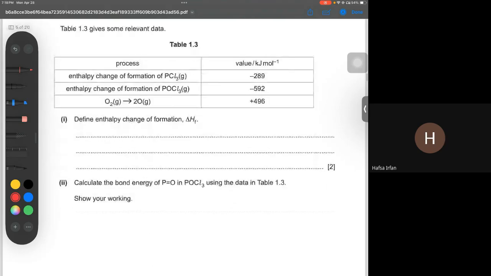So it's the enthalpy change when one mole of a compound is formed from its constituent elements in their standard states.